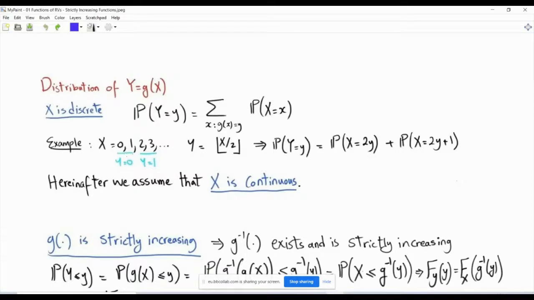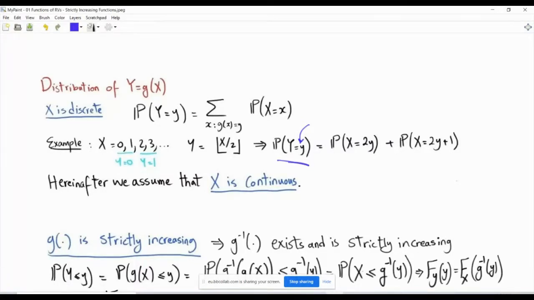Basically, each two consecutive values of X will be mapped to a specific value of Y, and we can write that the probability that big Y is equal to small y is the probability that big X is equal to 2y, plus the probability that big X is equal to 2y plus 1. If X is equal to 2y and you divide X by 2, you get y, and the floor of y, which is an integer, is y itself.